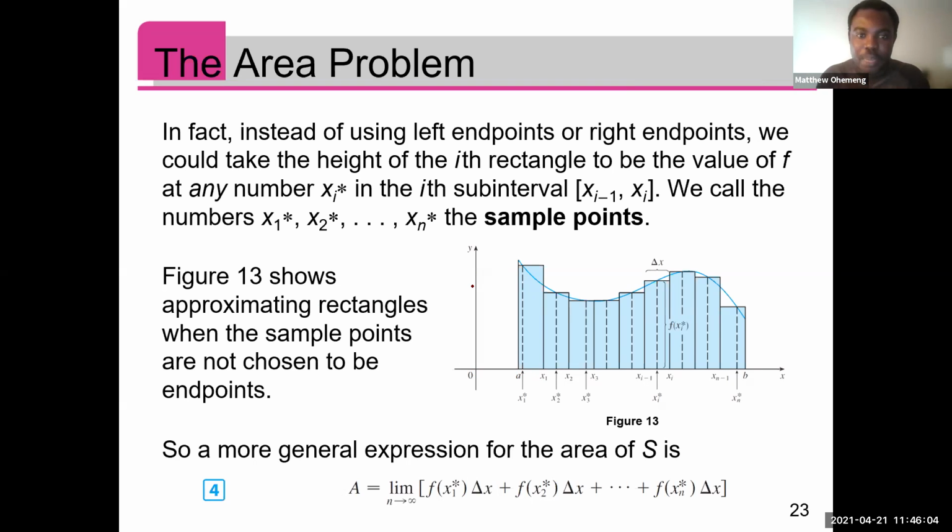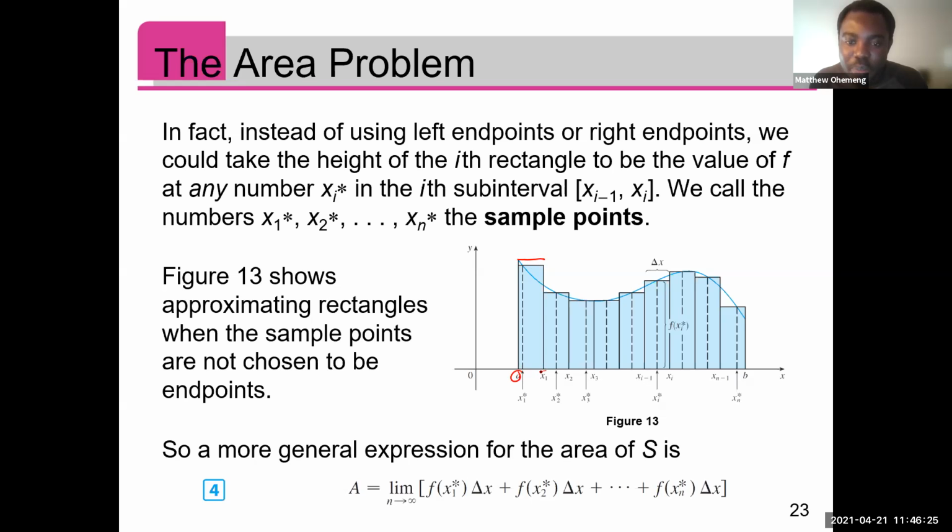So let's look at an example here. For sample points, you can either choose right endpoints, left endpoints, or you can choose a point in between those two endpoints. So for each sub-interval, let's look at the first sub-interval. You see that if I use the left endpoint, then my height of the rectangle will be up here.